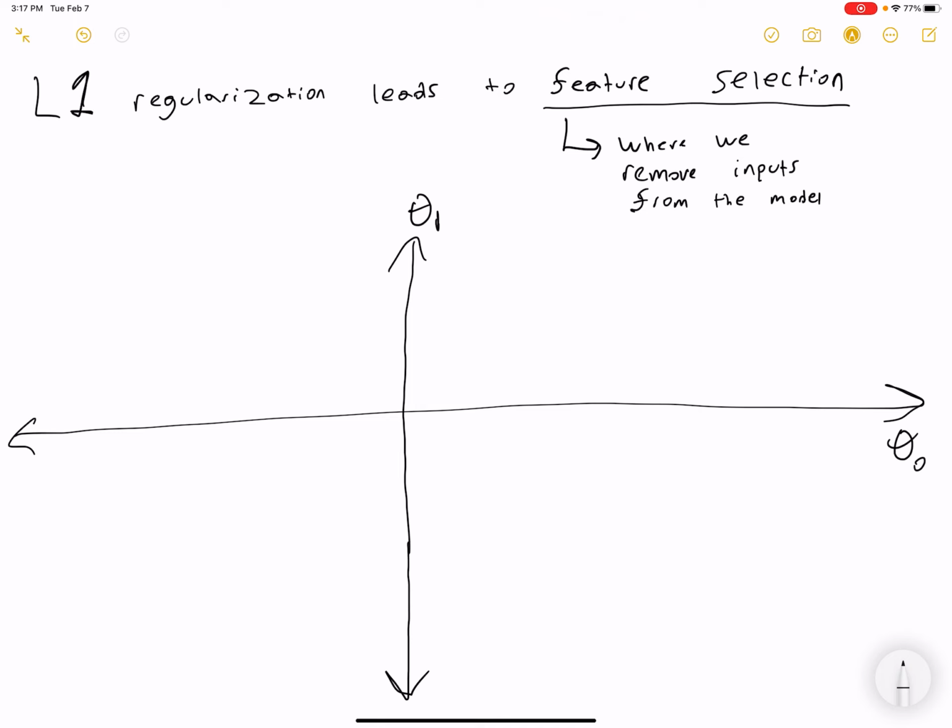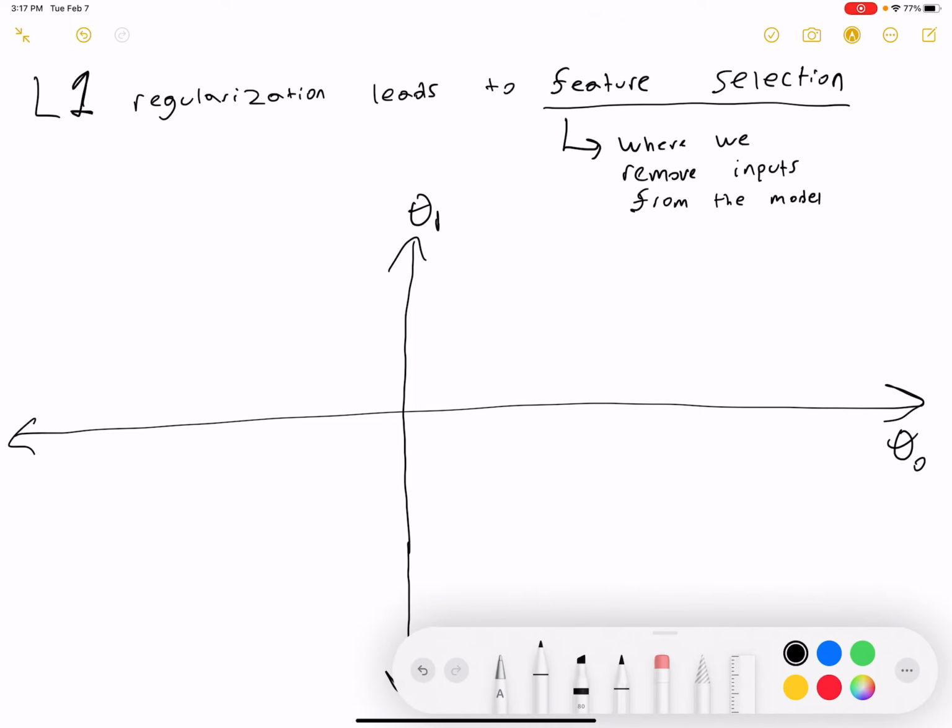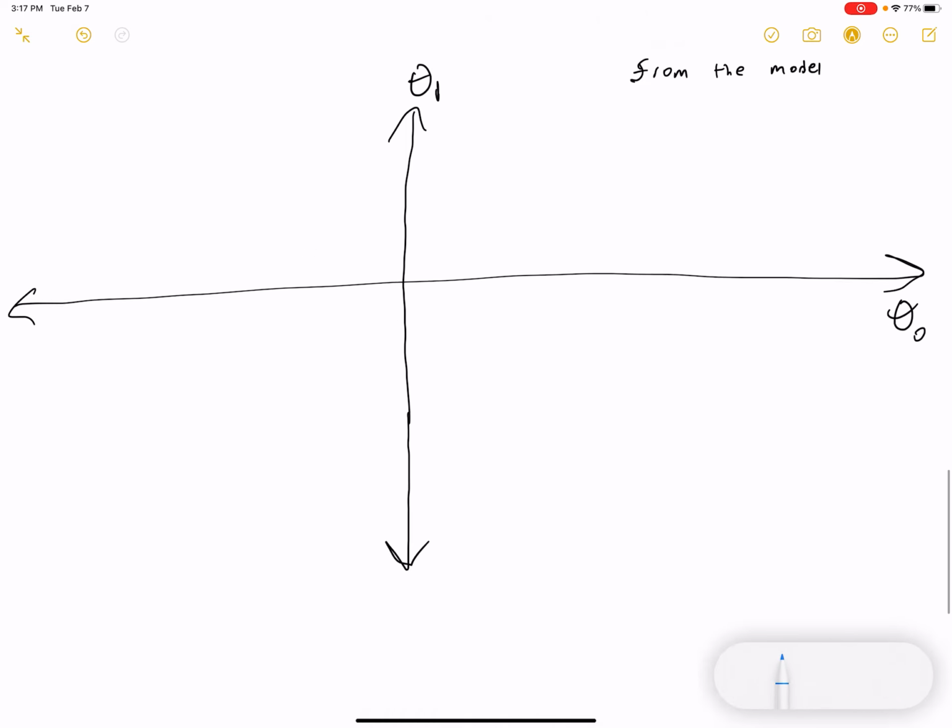And let's say that our minimum is over here. So this is the choice of theta 0 and theta 1, the choice of model parameters that leads to the lowest loss function. So this is the place where we have the lowest loss using mean squared error alone.